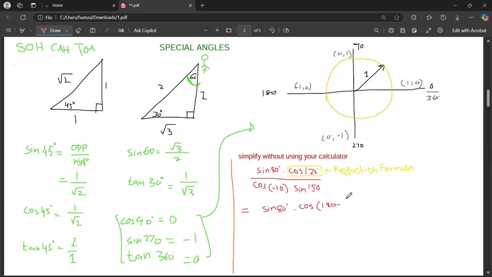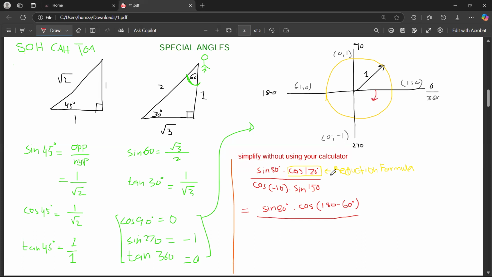We are going to say cos 180 minus 60 degrees, which will give us 120 degrees. So 180 minus 60 is equal to 120. So this can be reduced to cos 180 minus 60 degrees. Now coming to the cos negative 10. Cos negative 10 means a negative angle, which we measure from the x-axis in the clockwise direction.